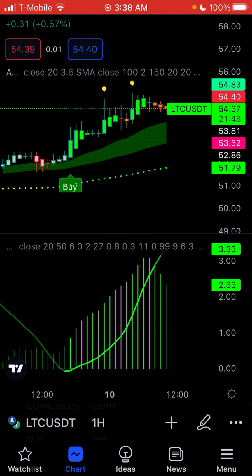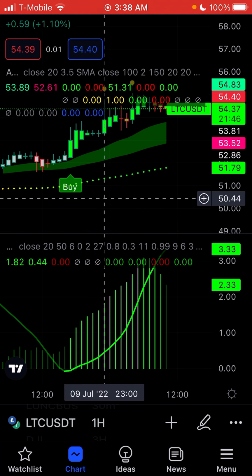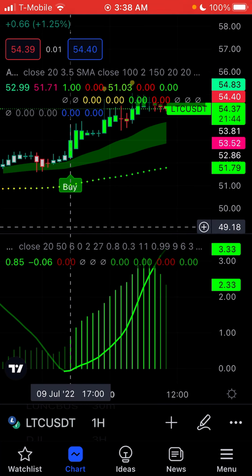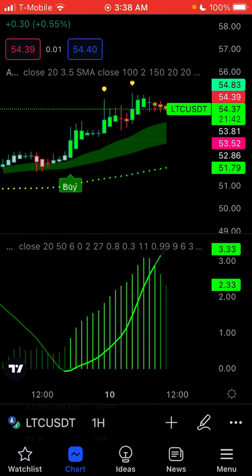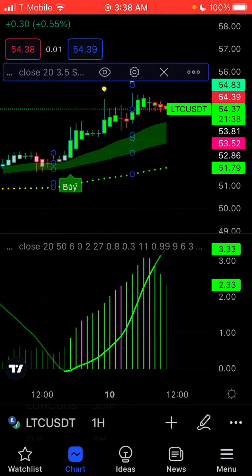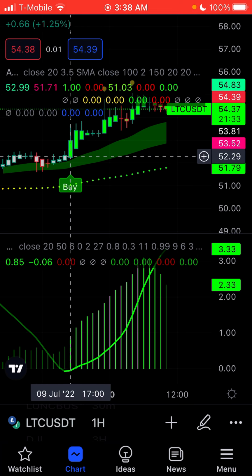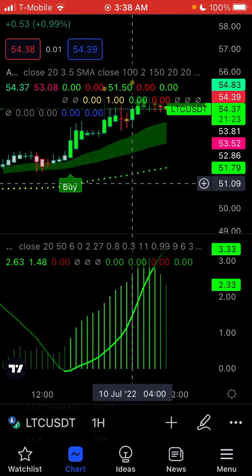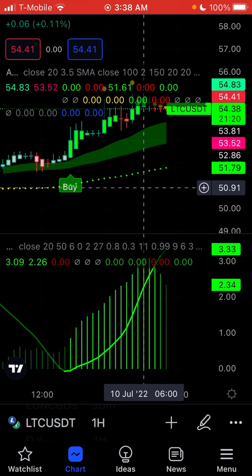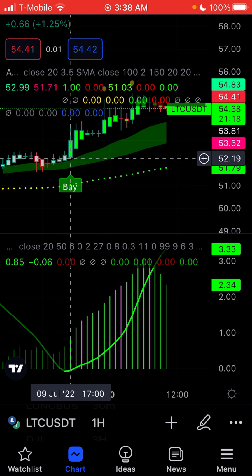As you notice right here, when it starts going into light green down here, the coin goes up, this candle right here. And you know what they say about chasing green candles: if you chase green candles, you're going to get lost. But if you go by the indicator right here, you can probably catch quick moments when the market starts going up.